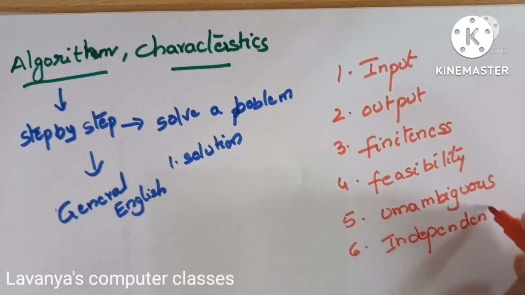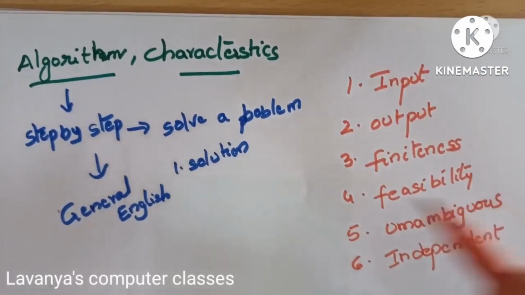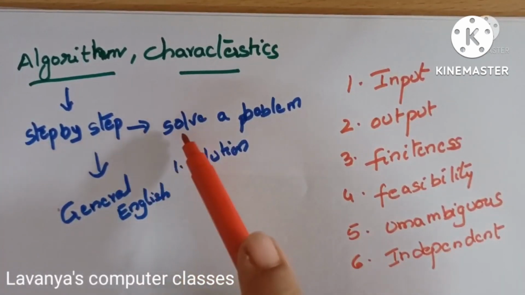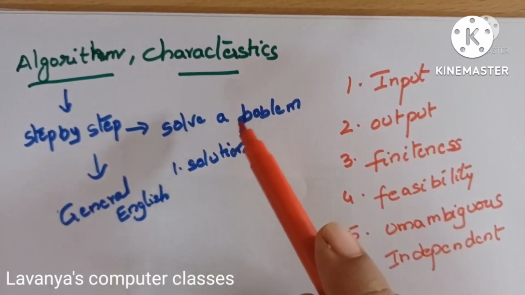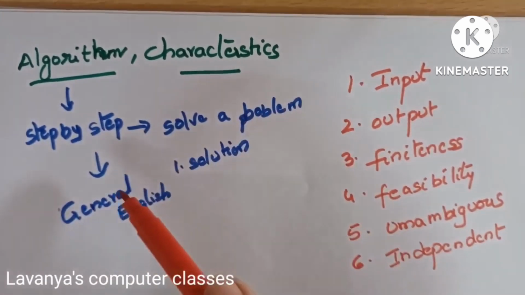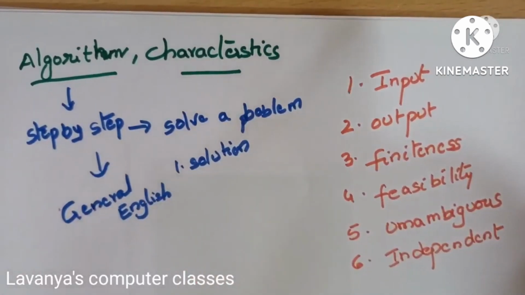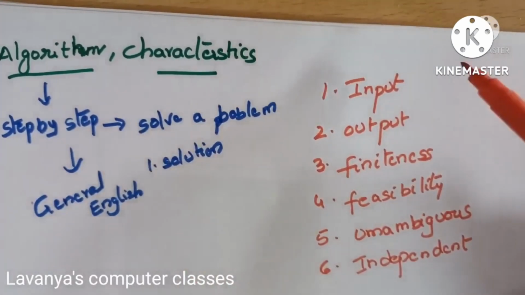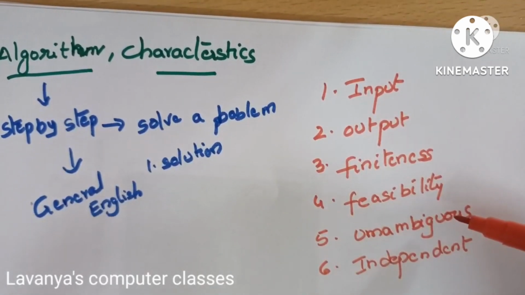If you are writing any algorithm, it must contain these elements, because the purpose of writing an algorithm is solving a problem, finding a solution, but the solution is in simple general English. Now I will explain them one by one.